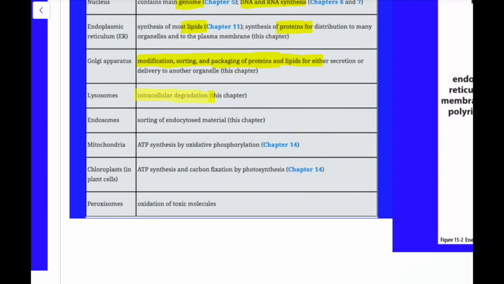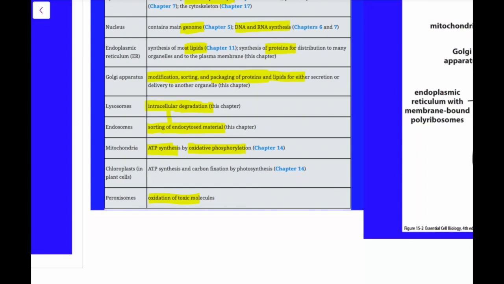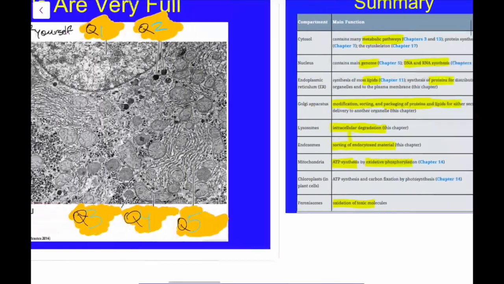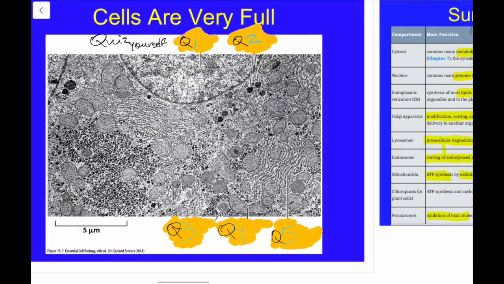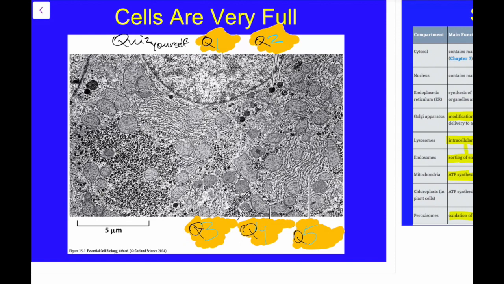Lysosomes degrade intracellular material. Endosomes sort the endocytosed material and send it to the lysosome. Your mitochondria does ATP by oxidative phosphorylation, and then peroxisomes do oxidation of all the non-essential components. So here you can quiz yourself, and I will post the answers at the end.